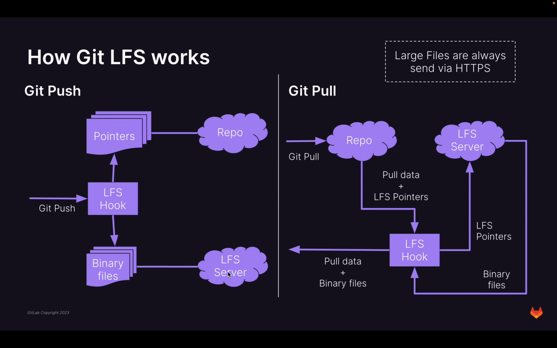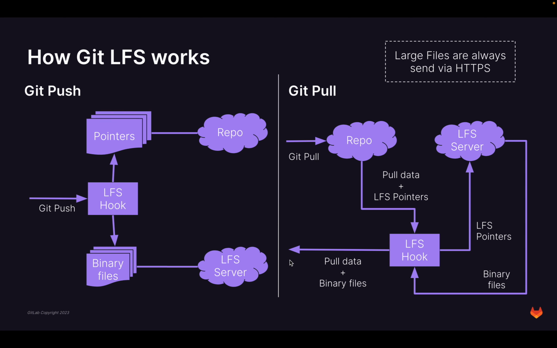If you then pull the data again, you first pull all the repository data, including the pointers, and then through these hooks, Git will fetch the LFS content and send the binary files separately.